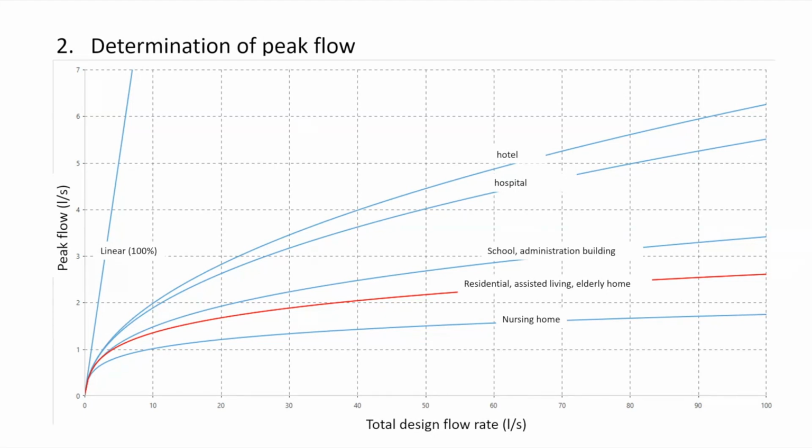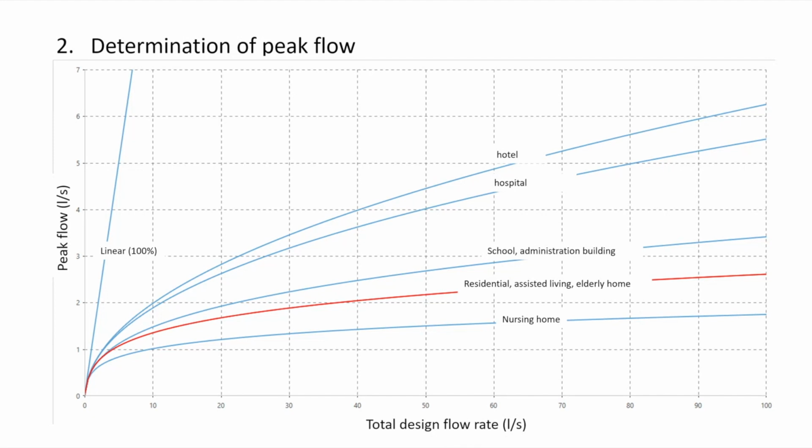And then we use different functions to convert this total design flow rate into an estimated, probably appearing peak flow rate. This conversion takes into account the simultaneous use. You can see that we have 6 different functions. Basically, the linear function is just for information.